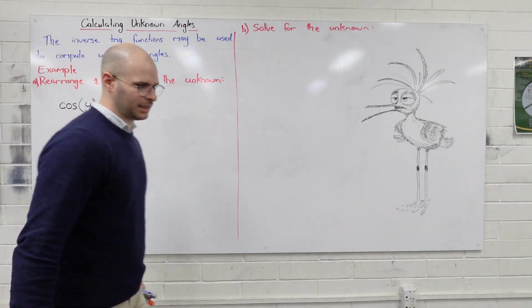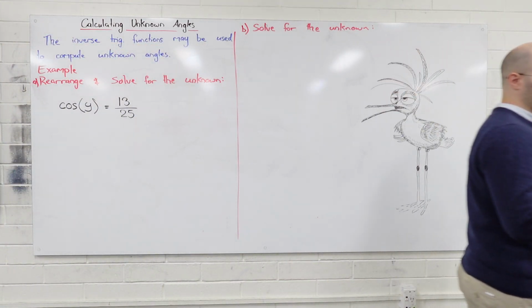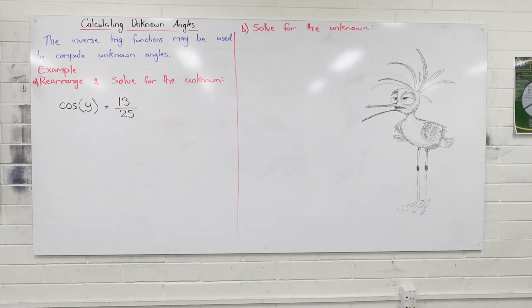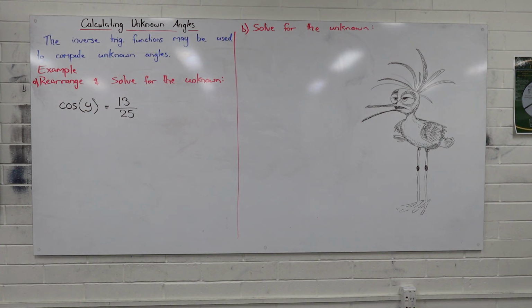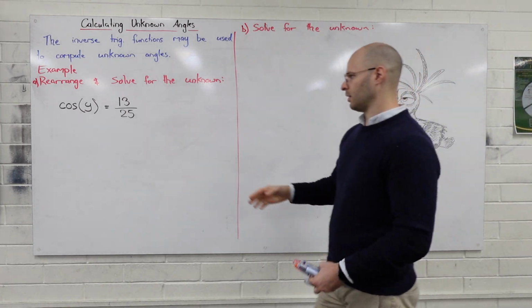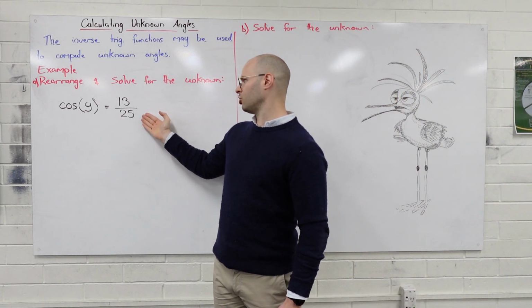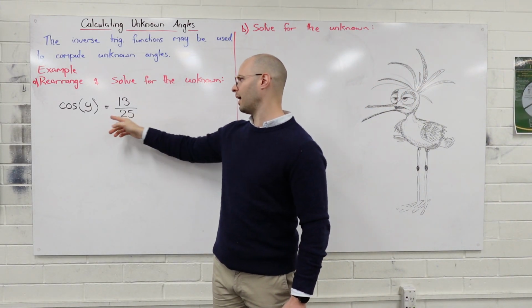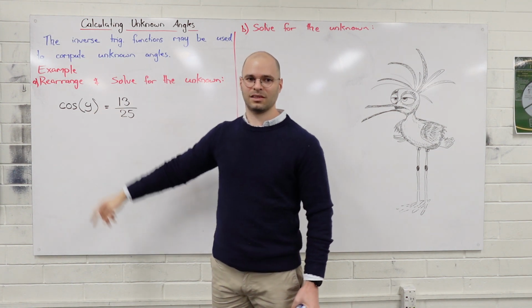So something like this appeared on the board. What we want to do is rearrange and solve for the unknown. Now this one is more straightforward than what we've been doing before because it's a single operation. It's different from before because usually our unknown is in the fraction, but in this case it's in the cos function.